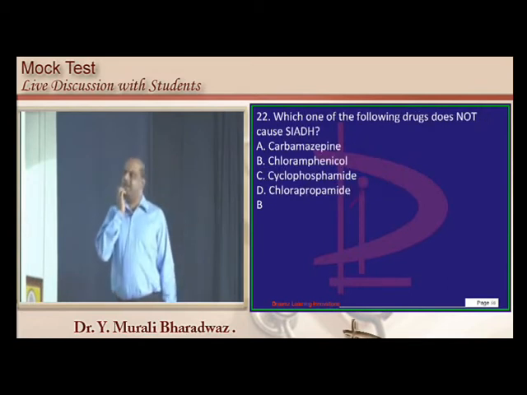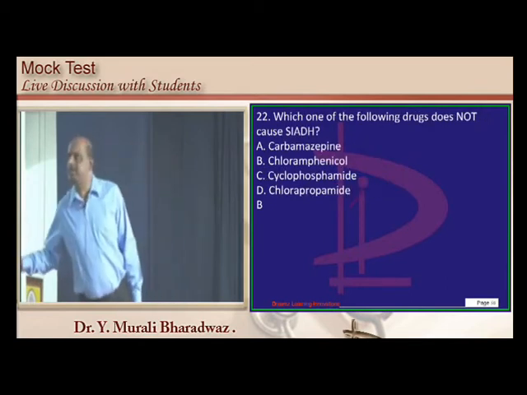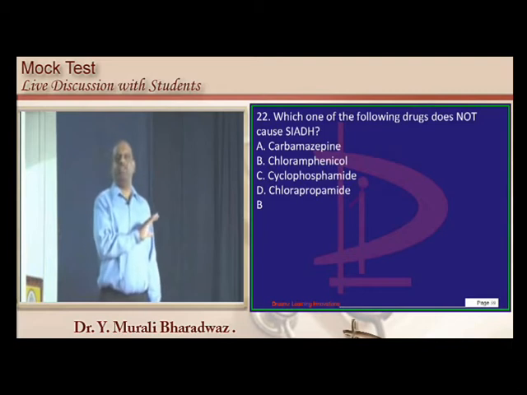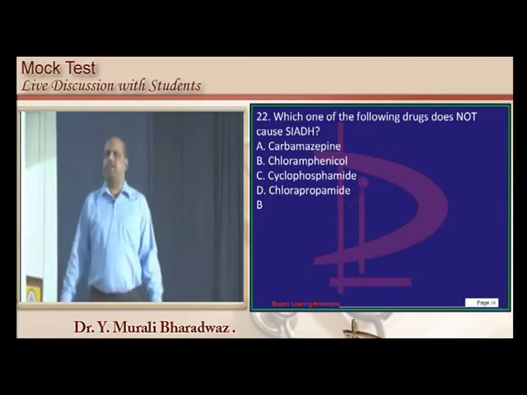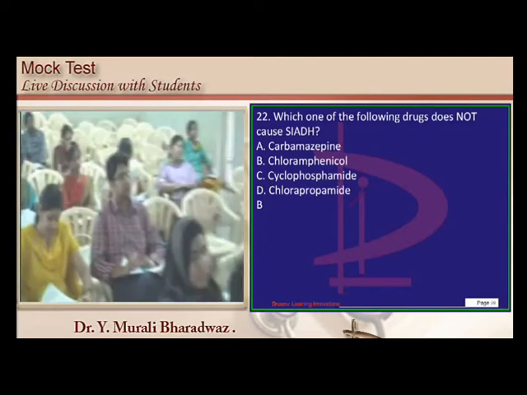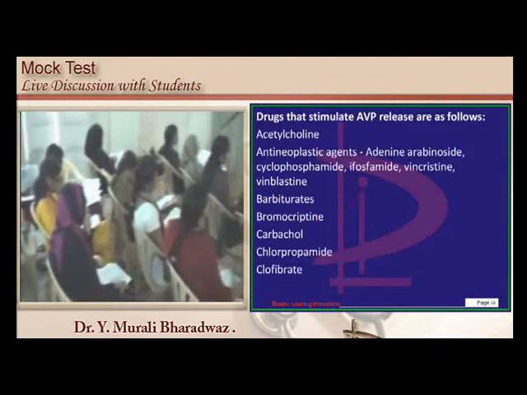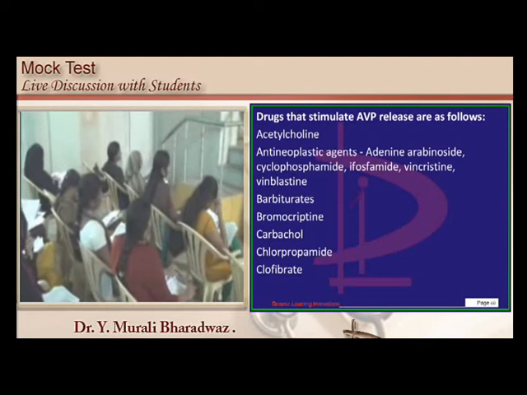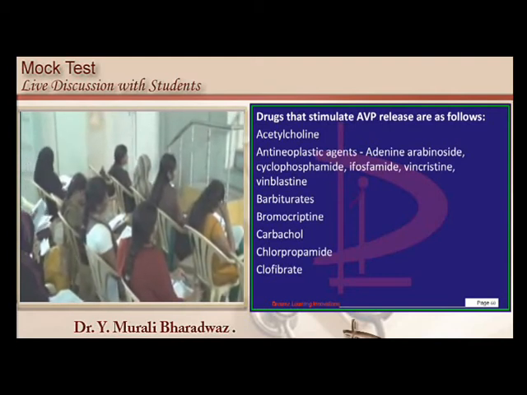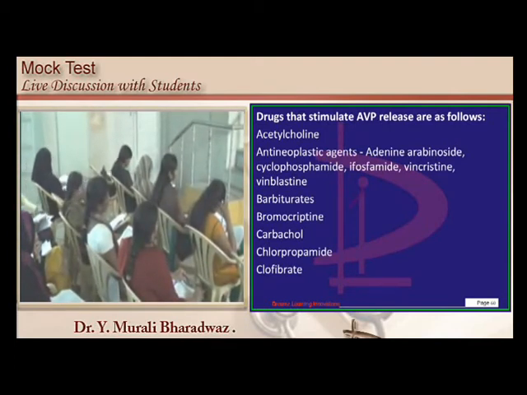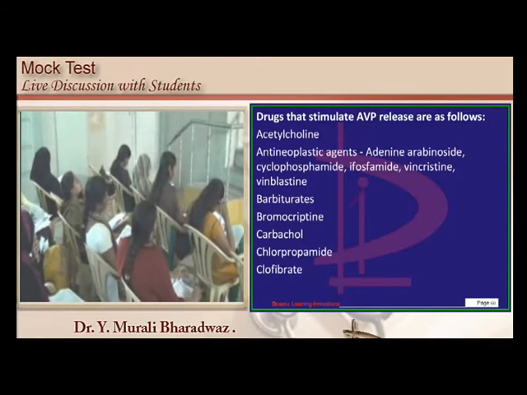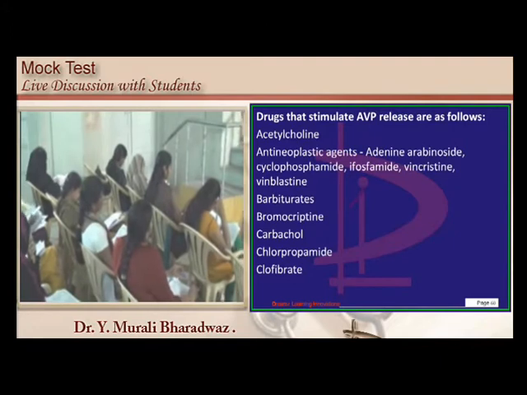Now what are the various drugs that lead to diabetes insipidus and SIADH? Very standard question. This has been a very common question since times immemorial. Causes of SIADH: barbiturates, vincristine-like drugs, vinca alkaloids, carbamazepine, haloperidol, opiates, nitrous oxide.